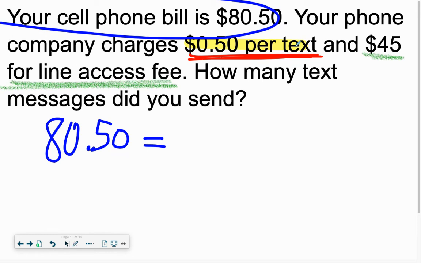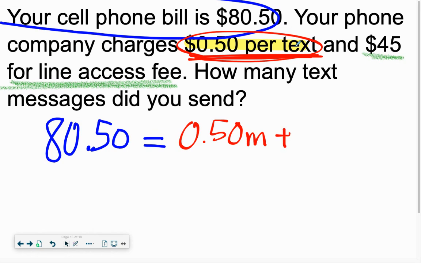No, you're paying the $45 once, and this 50 cents per text message, someone used the letter M, that gets the variable because that's what's happening multiple times, over and over again. But don't forget you got charged $45 in order to have that phone line, which many of your parents understand and have that phone line fee on their bill.